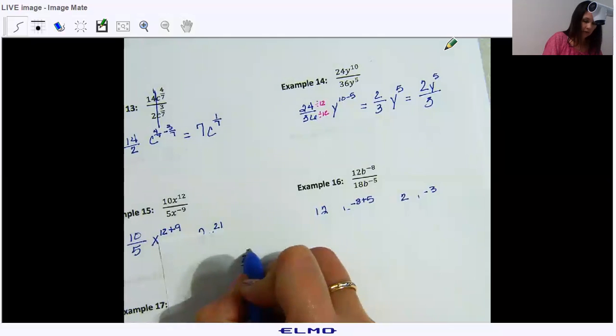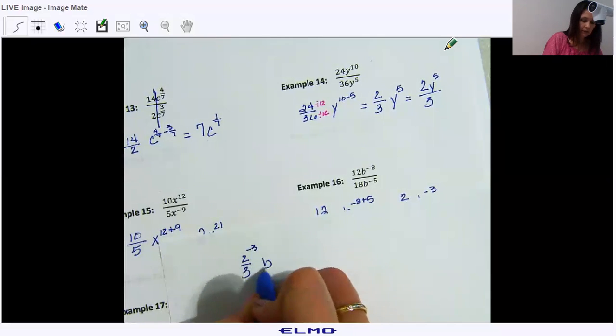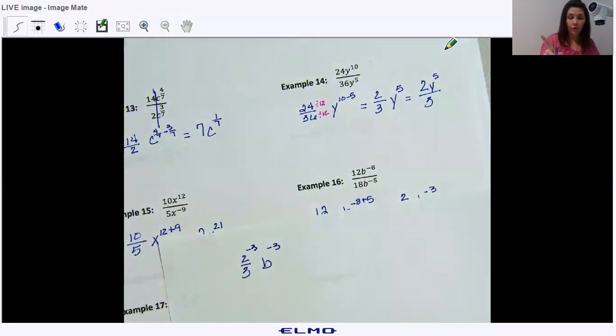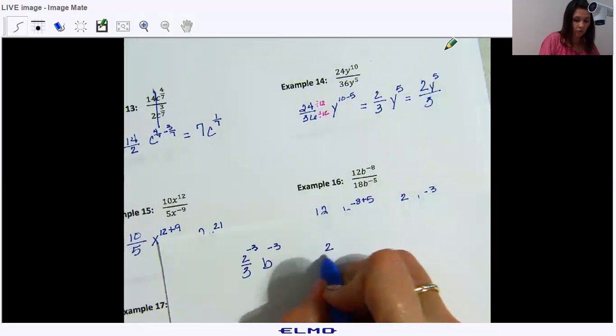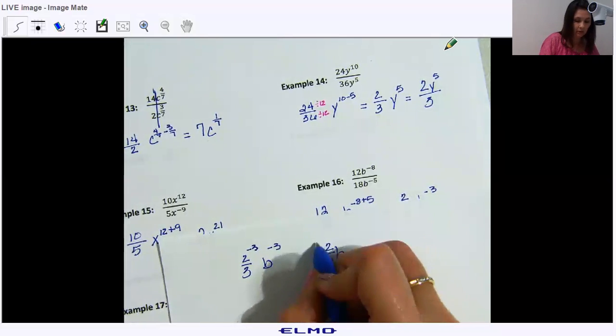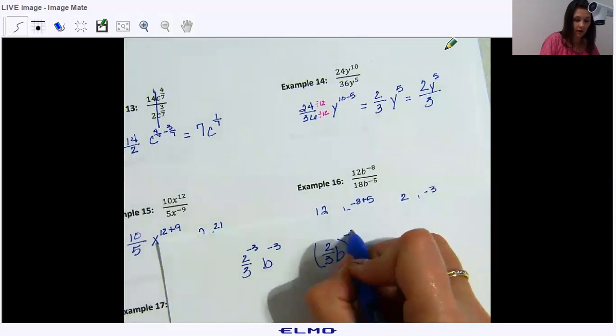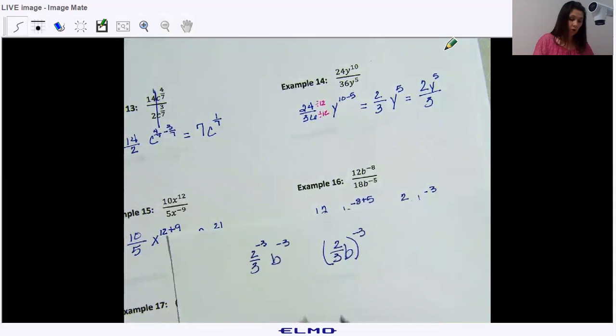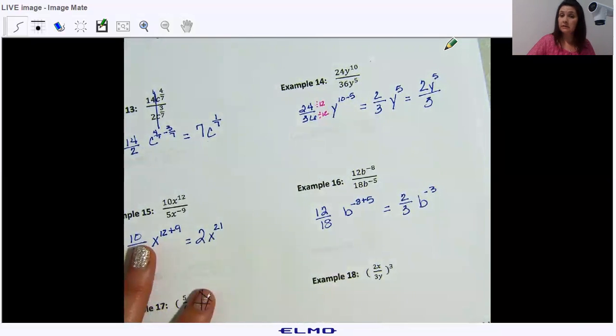2/3 to the power of negative 3, b to the power of negative 3. Or it would be written 2/3 b in parentheses raised to the power of negative 3. So that would be how that answer would be written if the negative 3 was applied to both. But in this case, it is not.